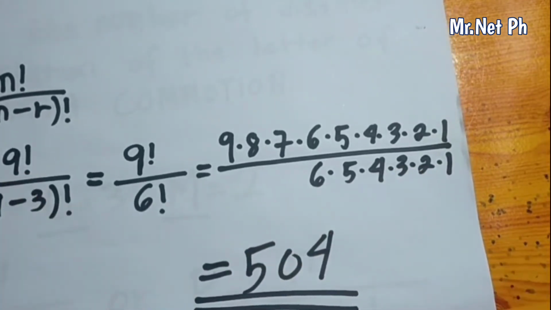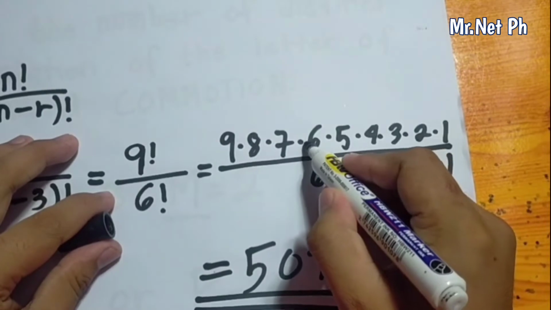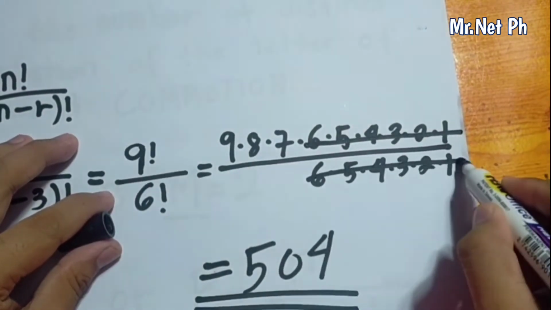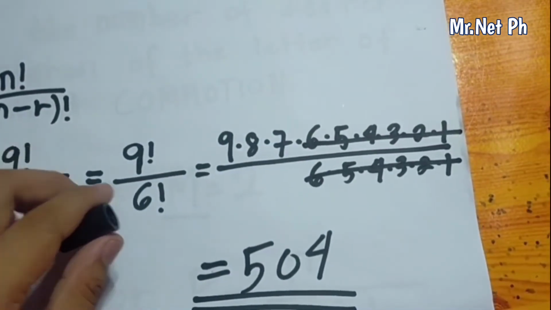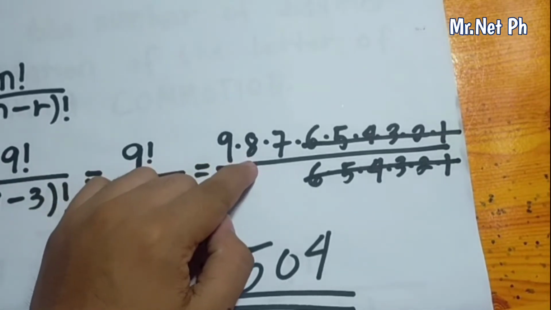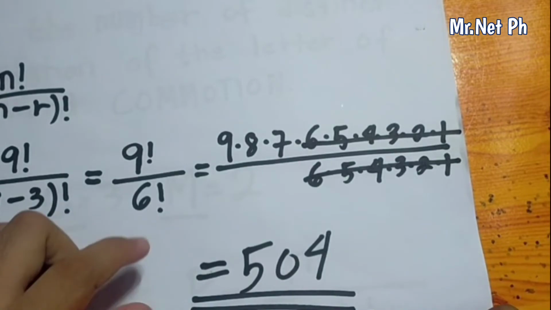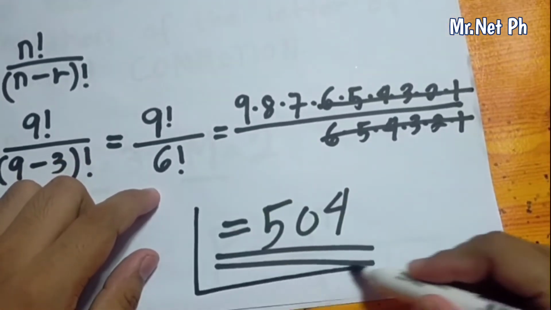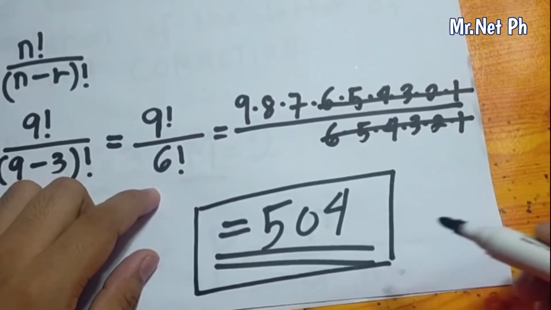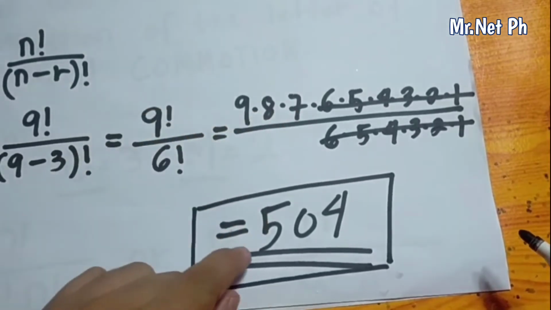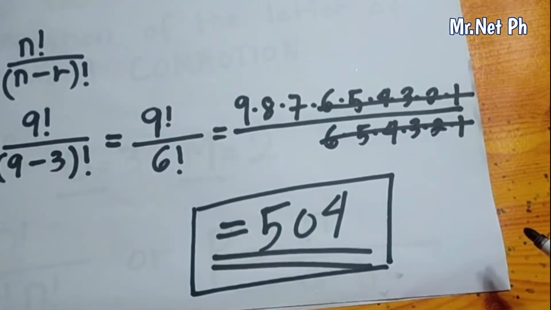So, i-cancel natin siya. Cancel. So, ang matitira na lang is 9 times 8 times 7. So, kapag pinag-compute mo yan, ang kakalabasan is 504. Kasi, 9 times 8 times 7 is equal to 504. So, that is permutation without repetition or linear permutation.